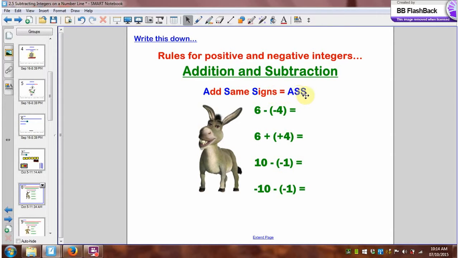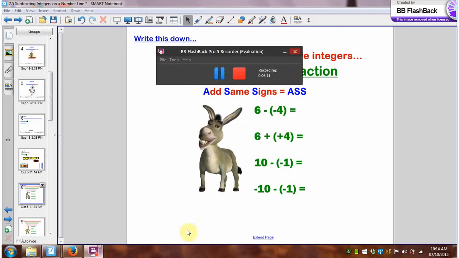Just remember that; this is a fun little way to remember. You add same signs. Write out these notes and write out your note here. This is the rule. When we come back, we're going to talk about these examples, so pause until you're ready. When we're back, we're going to work through these examples together.